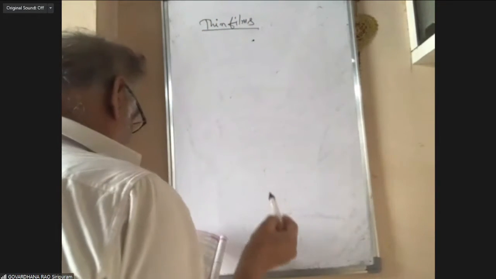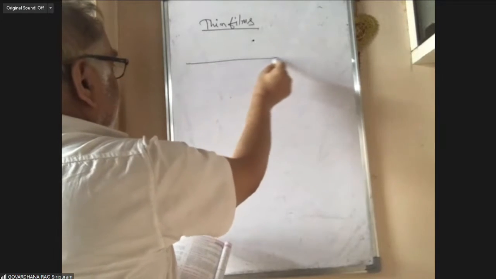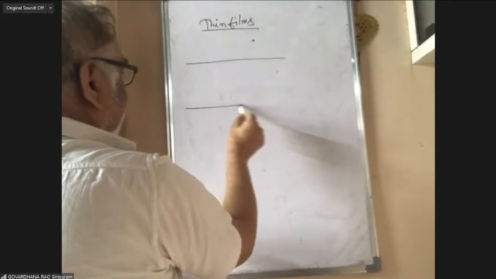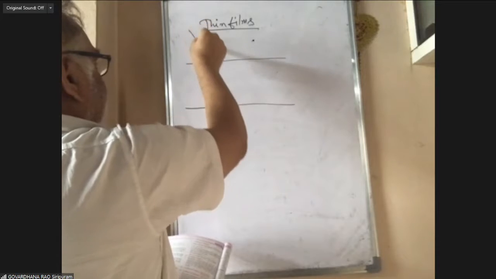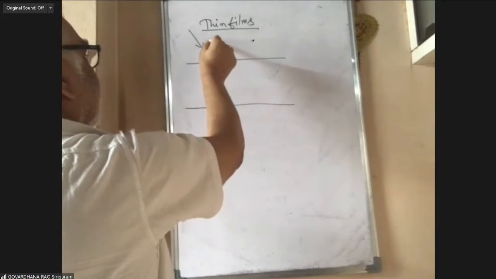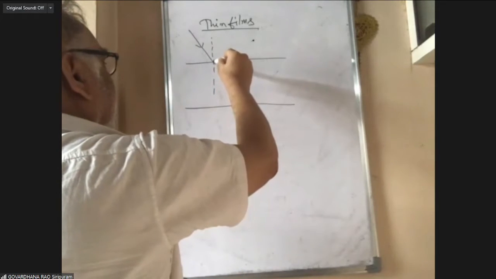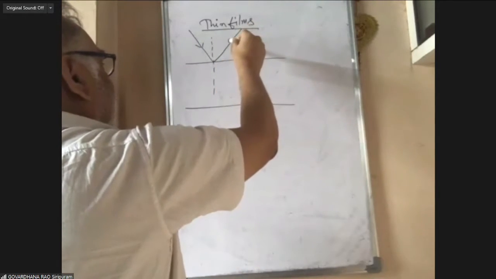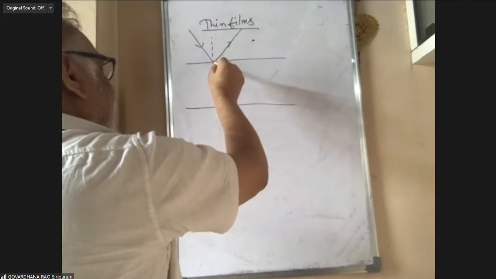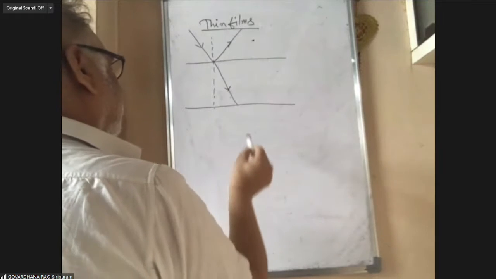Thin films. Okay. See, this is when light is incident on the thin film. What happens now? It undergoes reflection and refraction.